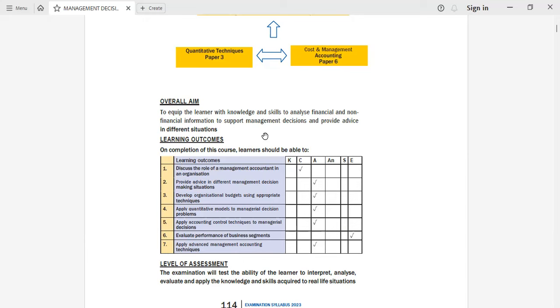So finally, as we said, MDC is the last management paper in the CPA course. So it is really testing all the aspects, since we are going to be examined on this paper for the last time.